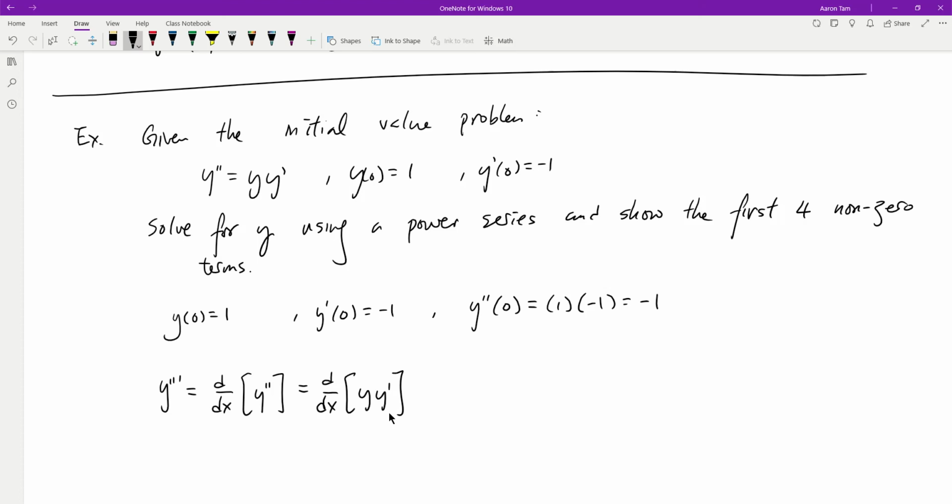So in order to properly differentiate y prime, I will need to use the product rule. So product rule dictates that I'm going to do y times y double prime plus y prime times y prime. So that becomes y y double prime plus y prime squared.